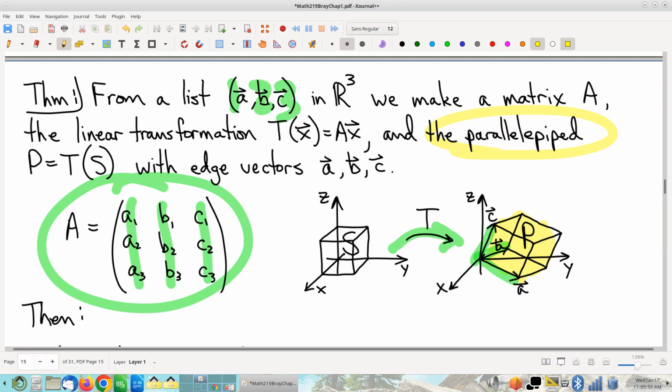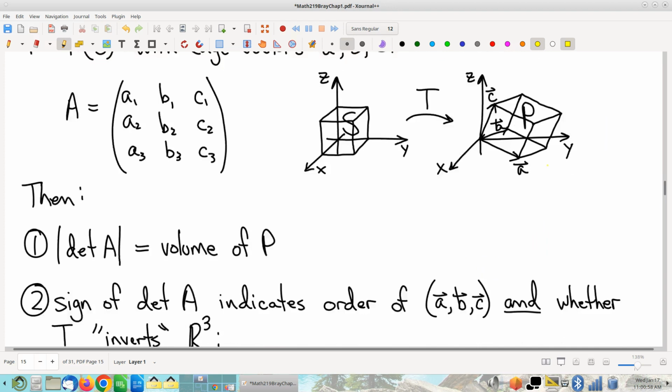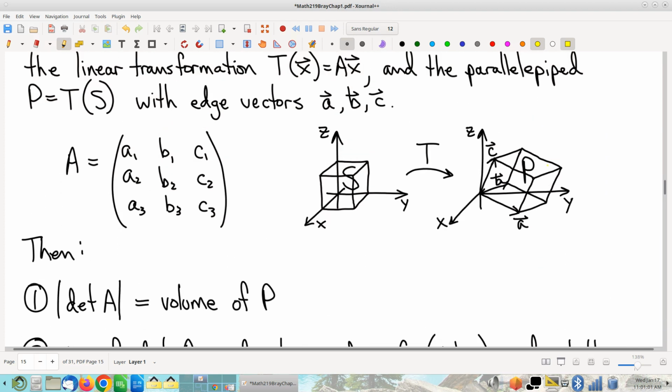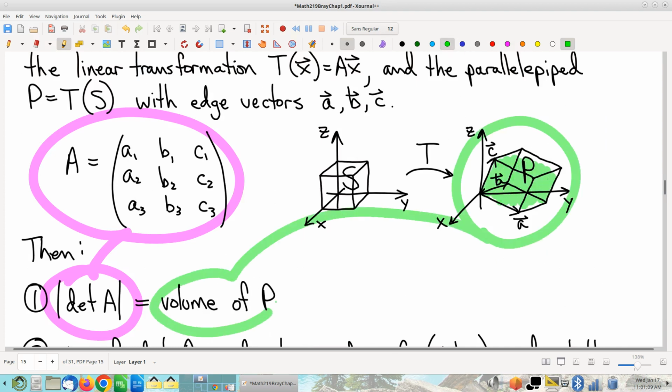Right? So setup, analogous, right? The result, the theorem that I'm going to claim here, is, again, really analogous. The absolute value of the determinant tells you the volume of the parallelepiped. Again, algebraic to geometric.